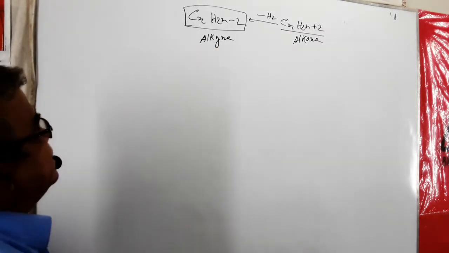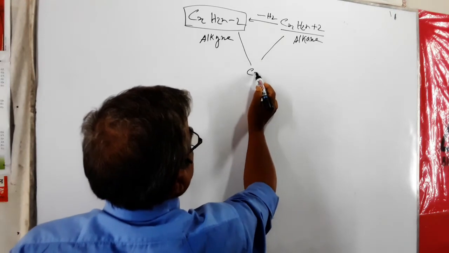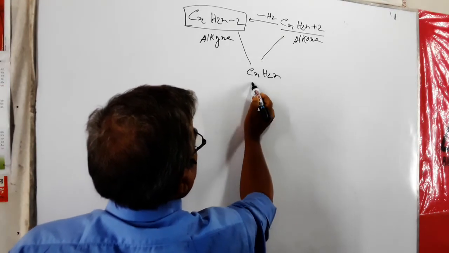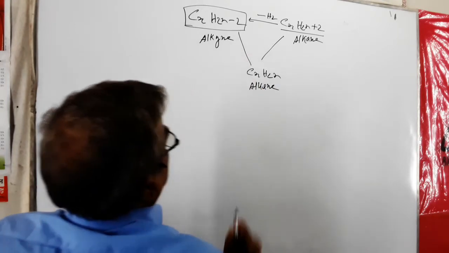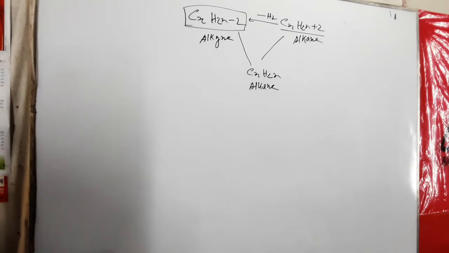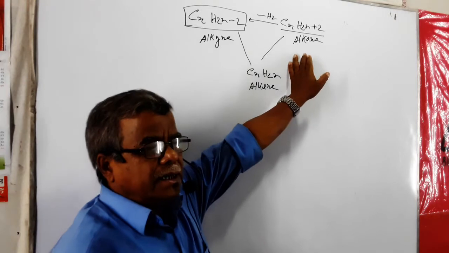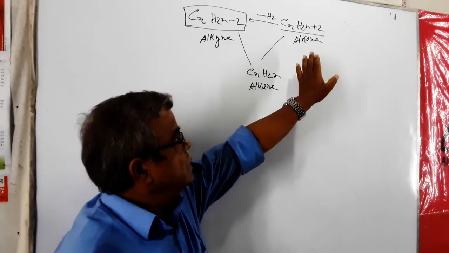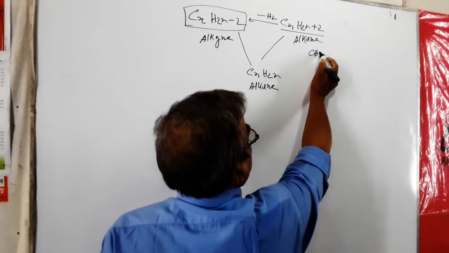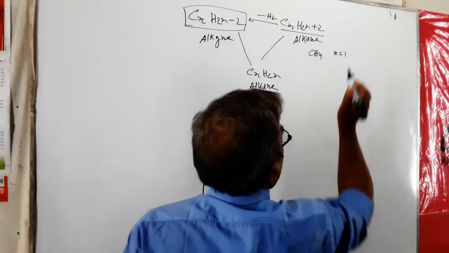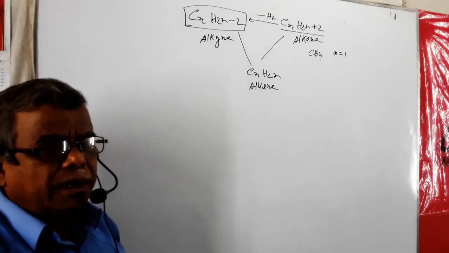Between alkane and alkyne there is one more step, that is CnH2n, which is alkene. Alkyne and alkene are unsaturated hydrocarbons and alkane is the saturated hydrocarbon. First member of alkane is methane, where n is equal to 1. Then methane, ethane, propane, butane, pentane.